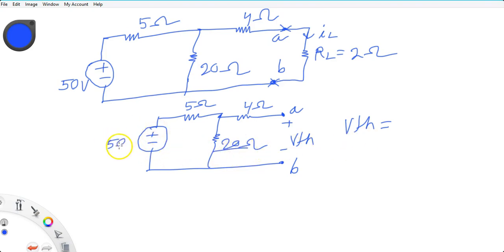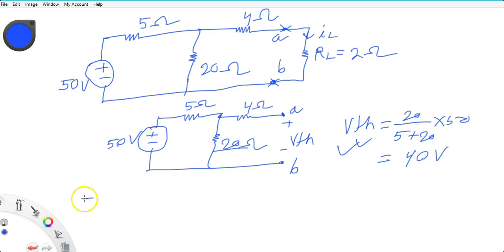Here you have 50 volt. So by potential division, 20 upon 25 plus 20 into 50, which is equal to 40 volt. This is your VTH. Now you will find the ZTH. As per the theorem, you have to short the voltage source.